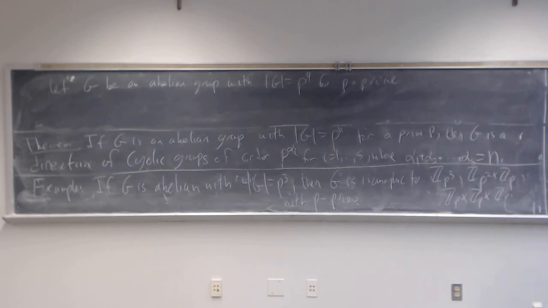And so we can't collapse: Zp cross Zp will not be isomorphic to Zp squared. Maybe these two groups really are the same? But no, because this group is cyclic, it would only be isomorphic to this group if the GCD of p and p is 1, and that's not the case. So you actually do have different groups there.